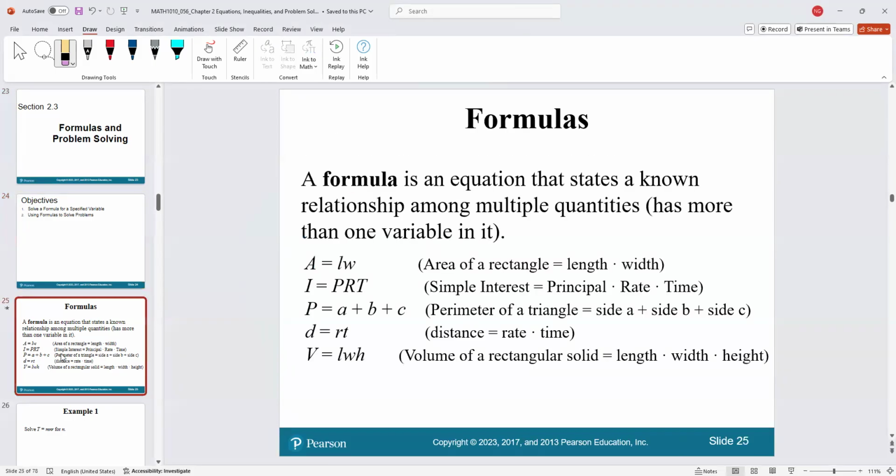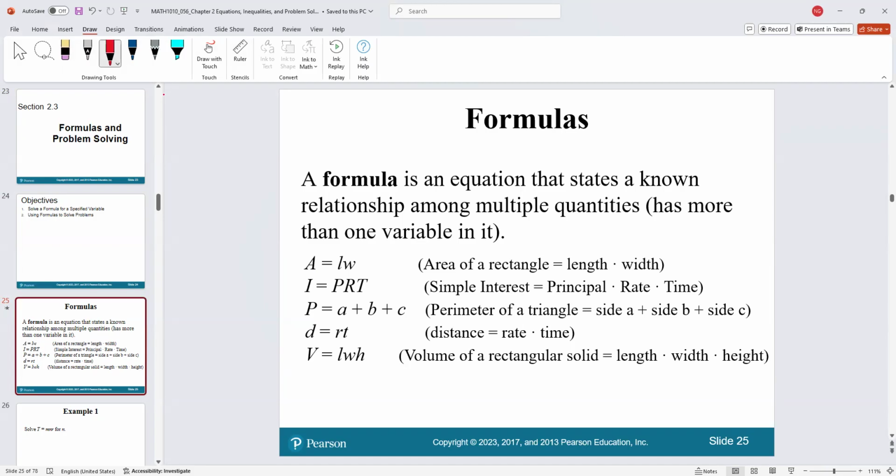In these examples, a formula is an equation. When we talk about formulas, a formula is an equation that states a known relationship among multiple quantities, and has more than one variable in it. For example, you know the area of a rectangle.